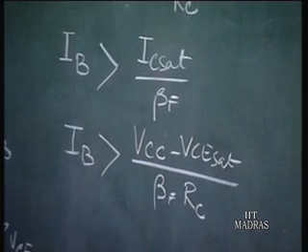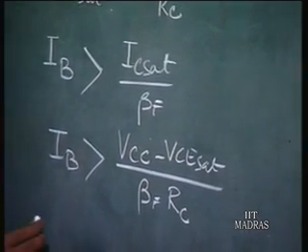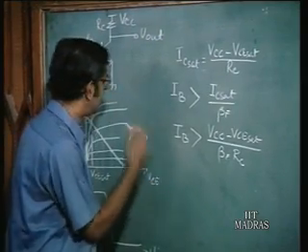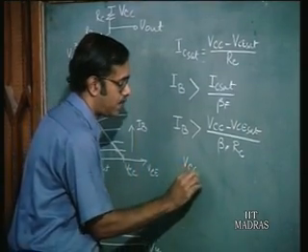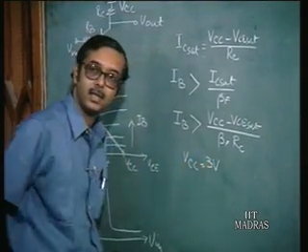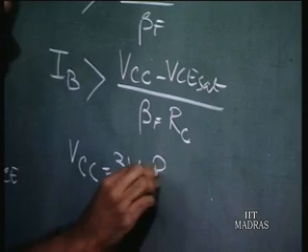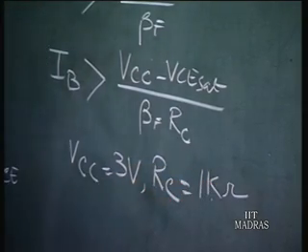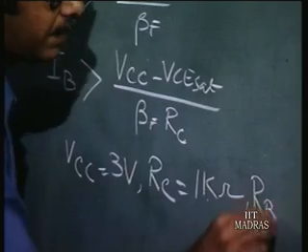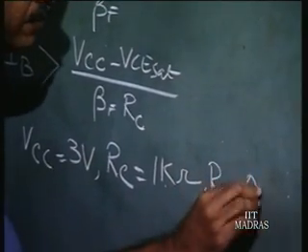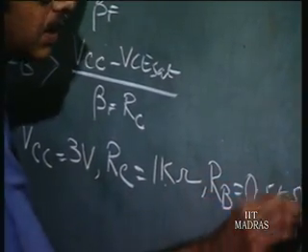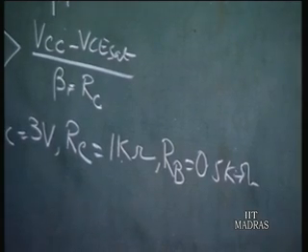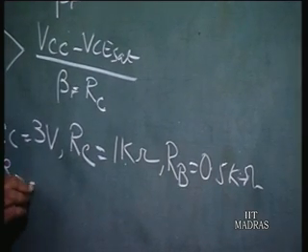For example, let us suppose for this circuit VCC is equal to say 3 volts, RC is equal to say 1 kilo ohm. Let us put RB equal to say 0.5 kilo ohm, and say beta f is equal to 50.